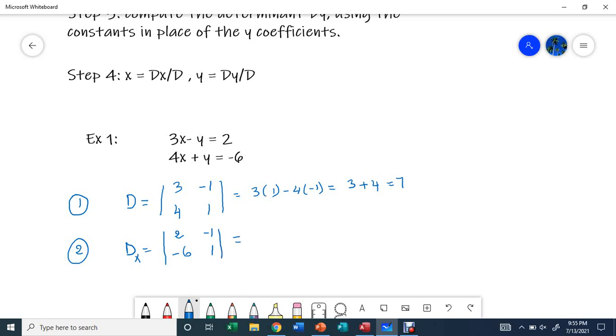And same thing, find the determinant. So it's going to be 2 times 1 minus negative 6 times negative 1.